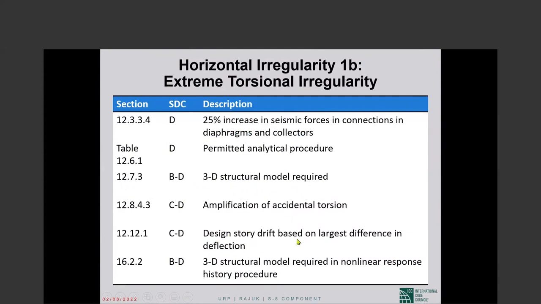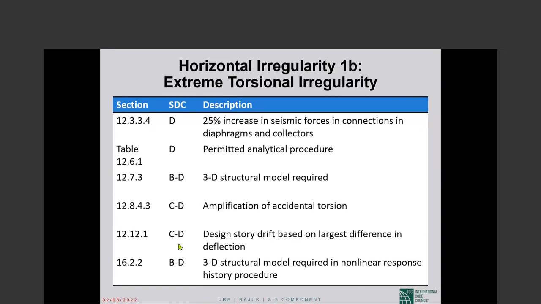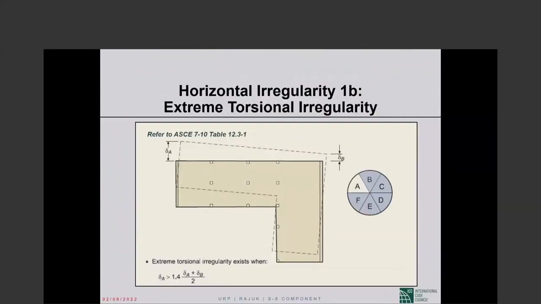Design story drift based on largest difference in deflection along the edges that we just talked about. The last item says that even when you do nonlinear time history analysis, you will have to do 3D. The 2D will not be sufficient anymore. Okay. We go from type 1A to type 1B.